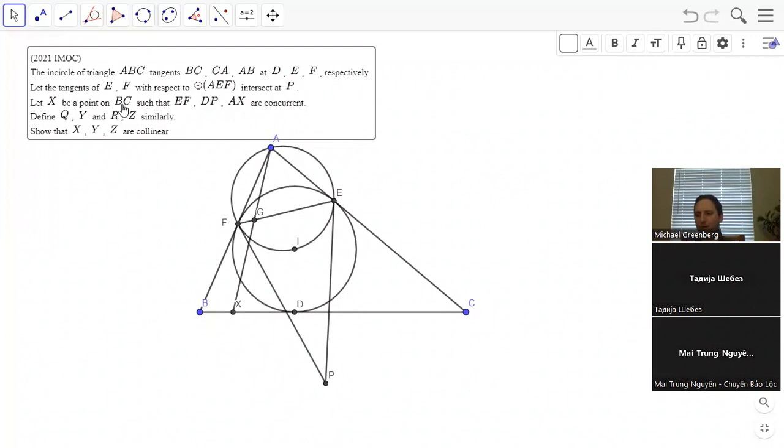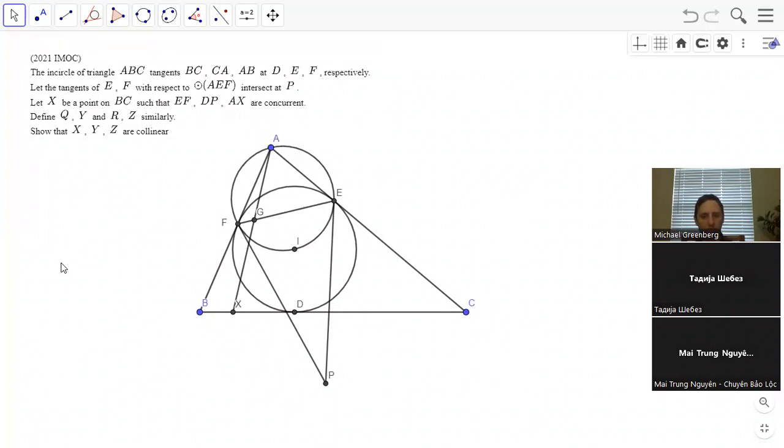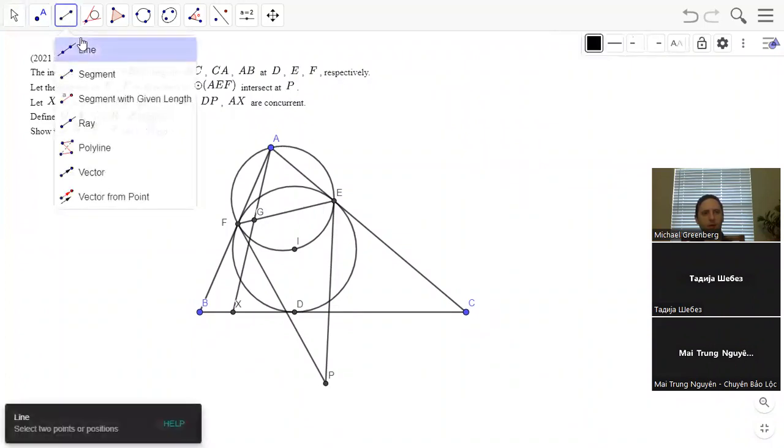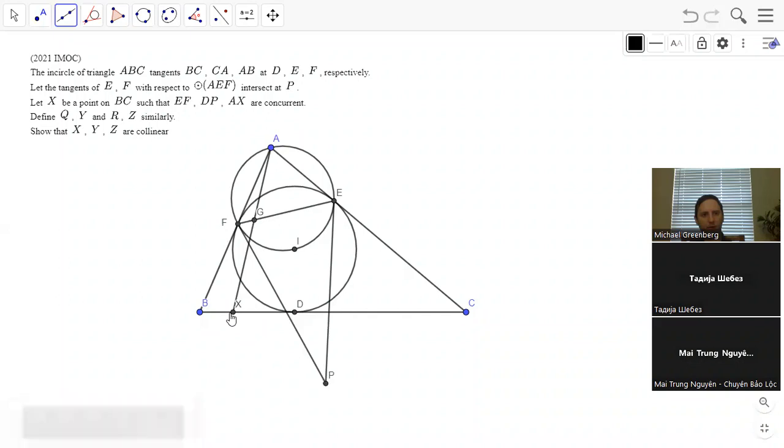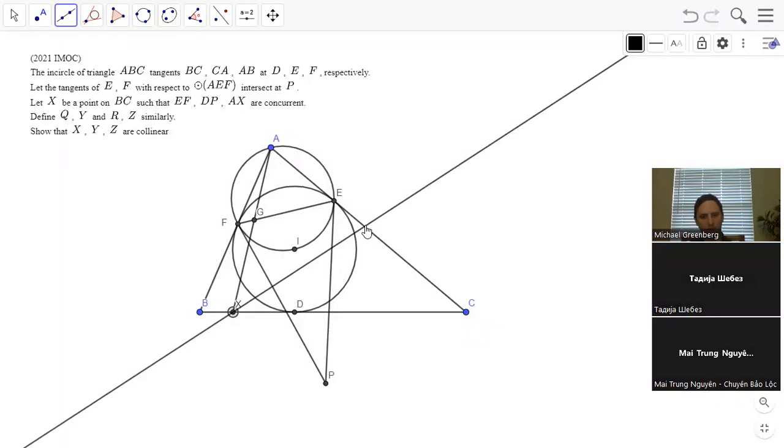So let's see. If you have a triangle ABC, so Y is on the only tricky thing.